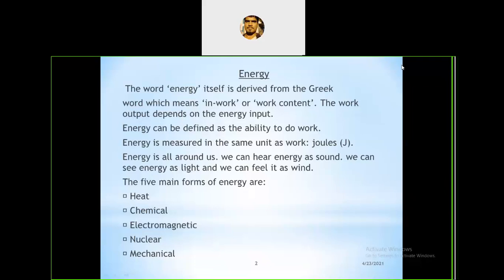To switch on the system, you need electrical energy. Without energy, you cannot switch on your phone or laptop. If you are an electronics student, you need energy to operate the microcontroller, microprocessor, or different types of devices. So energy is compulsory for all the branches.